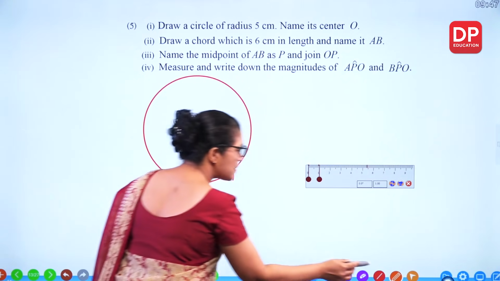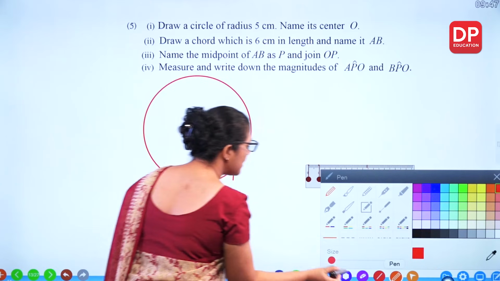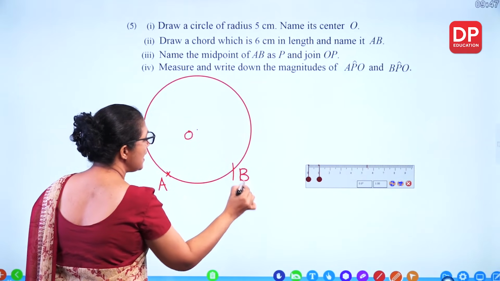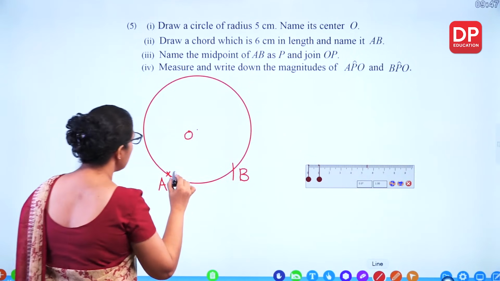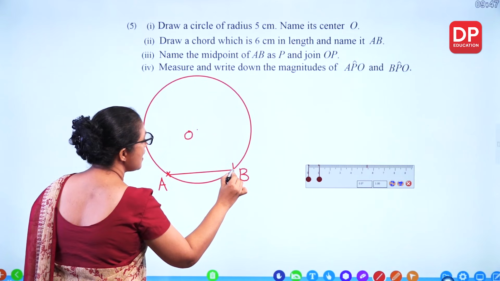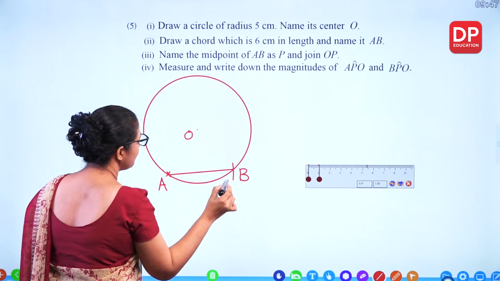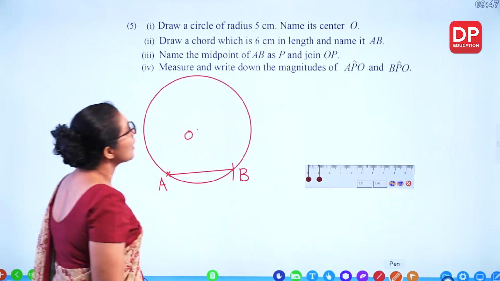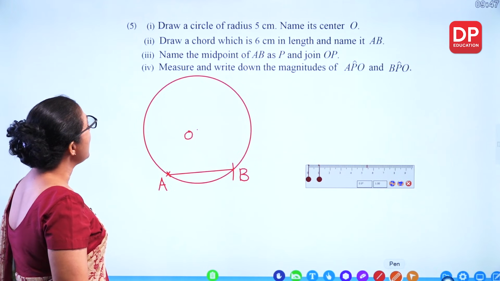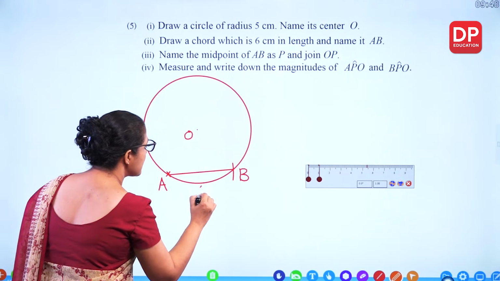So that becomes a 6 centimeter length chord. This is B and you can connect. That's the chord AB, 6 centimeters.